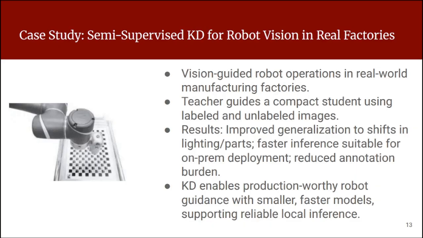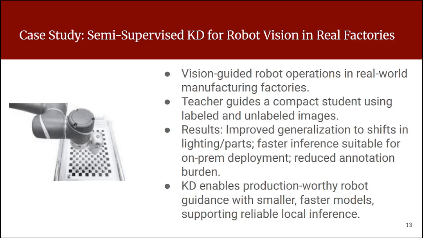This next study targets robot vision and its guidance under operational factory conditions, not just lab benchmarks. So in this example, a strong teacher was trained on limited labels plus a lot of unlabeled production imagery, and they were able to distill a smaller student model. And this model delivered two wins on the floor. The first thing was its robustness to different domain shifts.